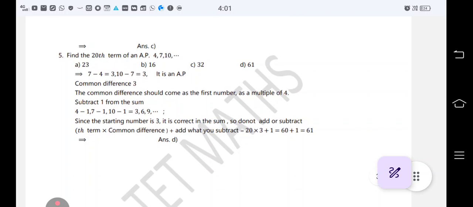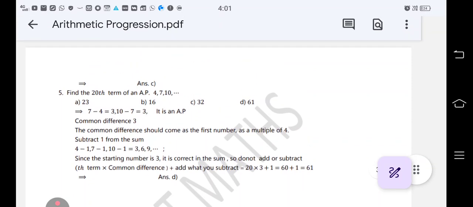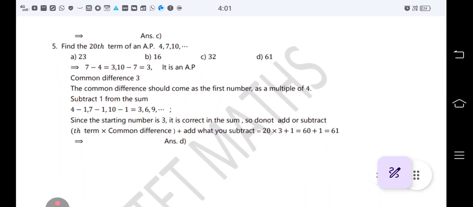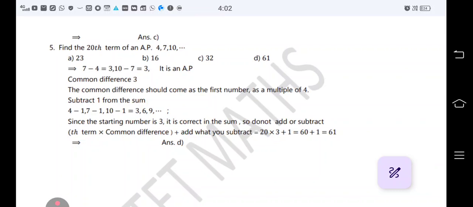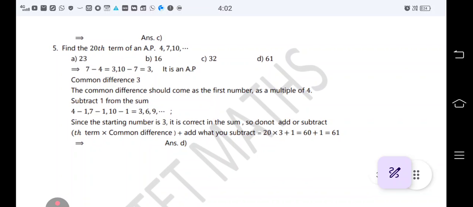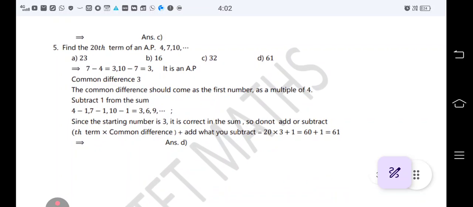Here we are solving without using the formula, using the shortcut method. Very easy method. Next, fifth sum. Find the 20th term of an AP: 4, 7, 10, etc. A 23, B 16, C 32, D 61.